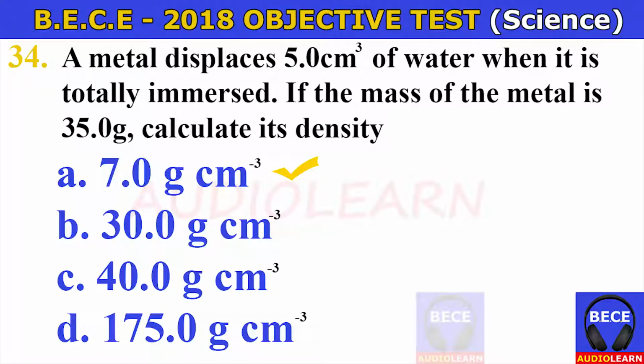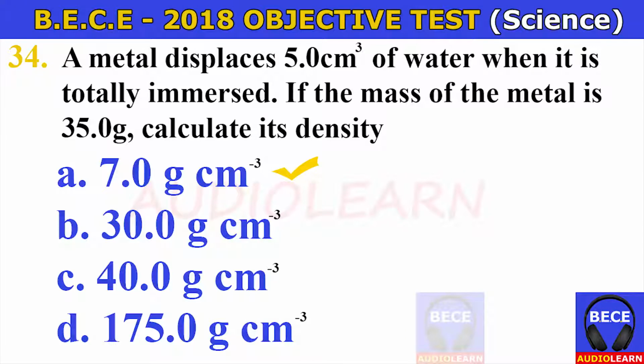C, 40.0 g cm^-3. D, 175.0 g cm^-3. And the answer for number 34 is A, 7.0 g cm^-3.